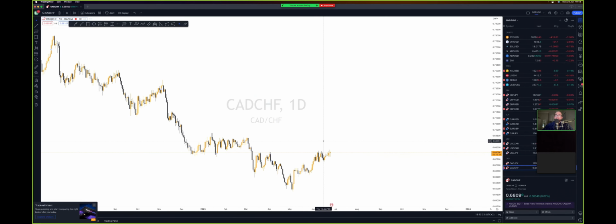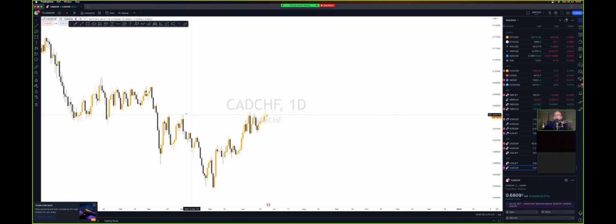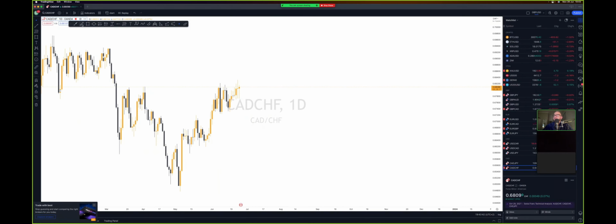Sweet, sweet, sweet. So we have flipped topside in terms of being on the daily. We have not broken this area. However, we are forming internally higher highs, higher lows. So I'm going to mark this out on the daily. So those are your highs. These are your lows. Do that just to get general direction.